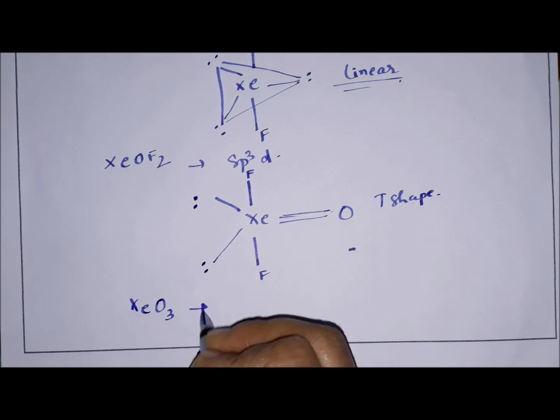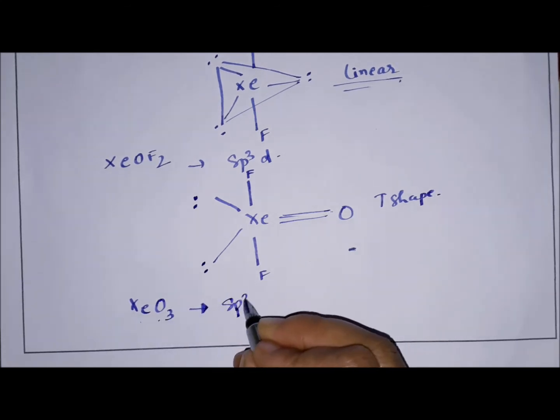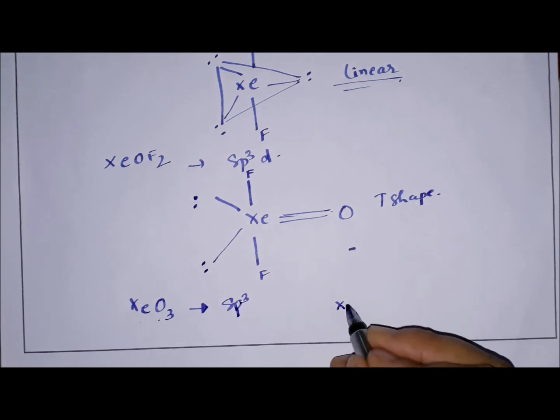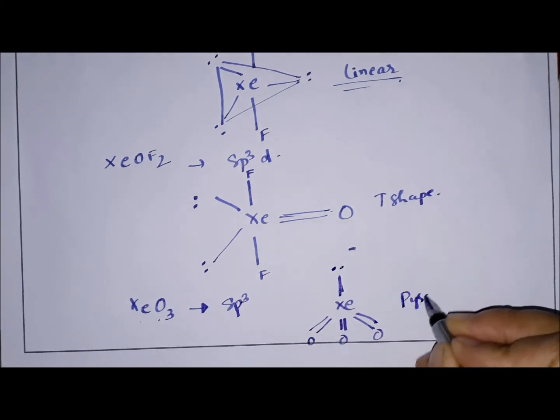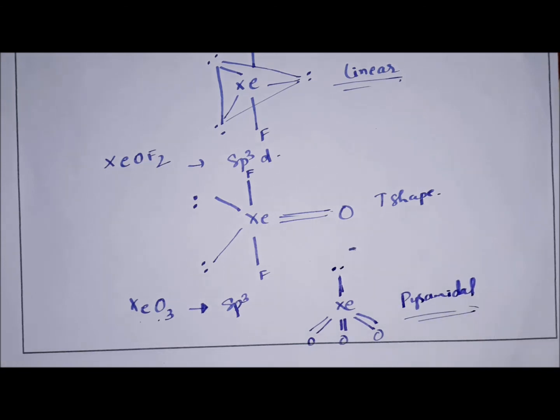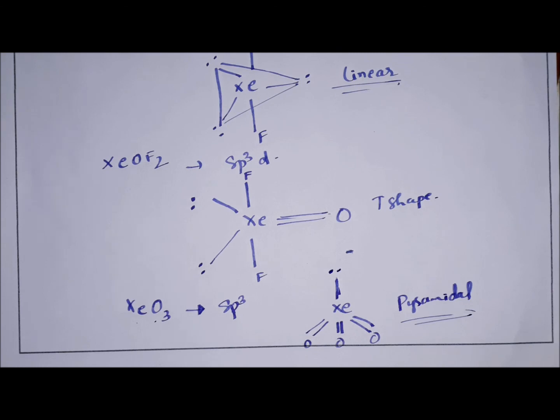If you check the hybridization state, 8 divided by 2 is 4, so it will have sp3 hybridization. Oxygen is a divalent element, so every time it will form a double bond. On xenon there will be a lone pair, so this will have a pyramidal structure. So this is how we draw the structure for different compounds.